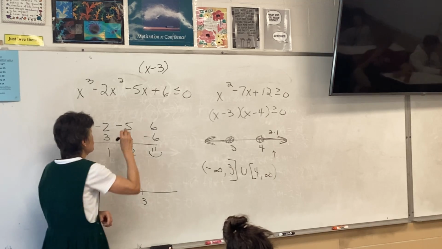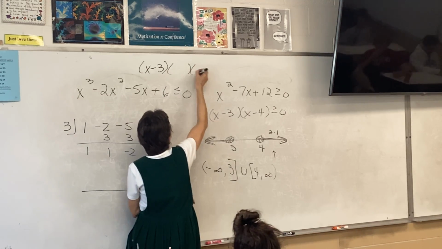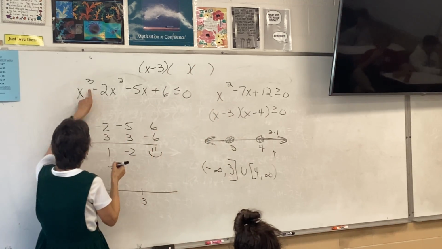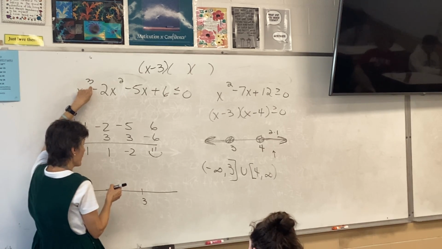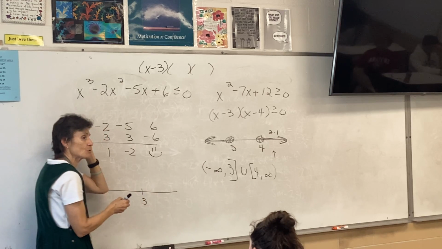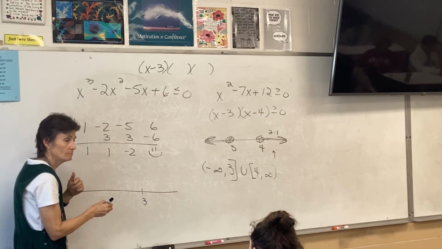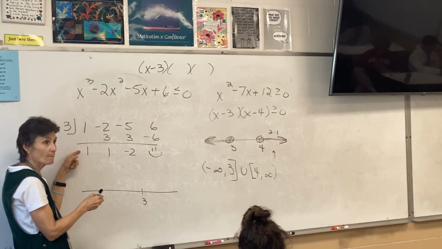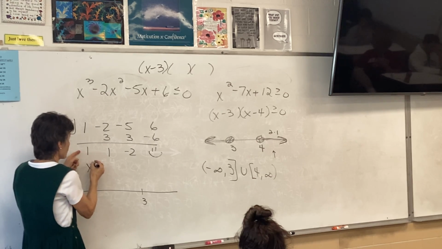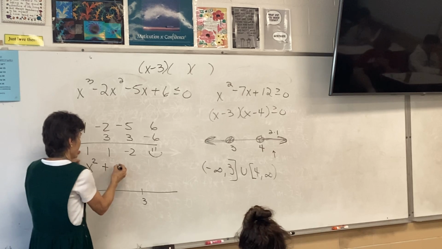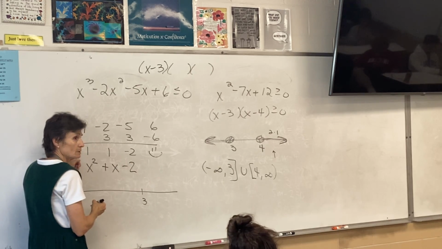Now there gotta be 2 more factors here. How do I know that? X cubed. Where are the other 2 factors going to come from? The numbers on the bottom, we call it the quotient right here. So that's gonna be x squared plus x minus 2.